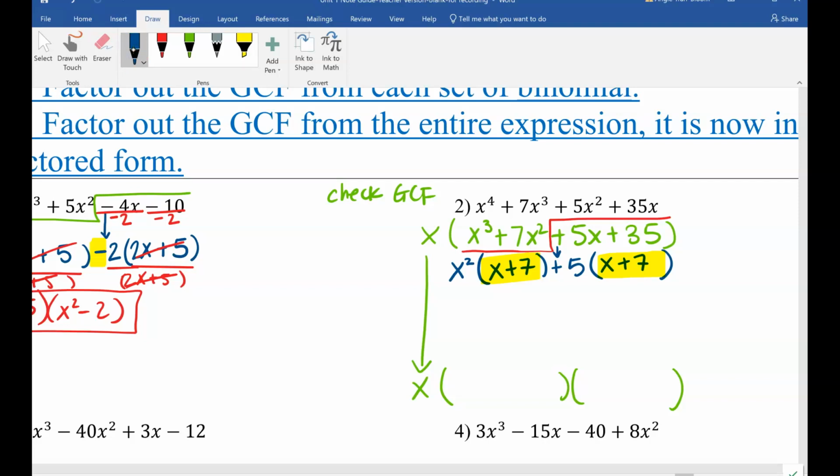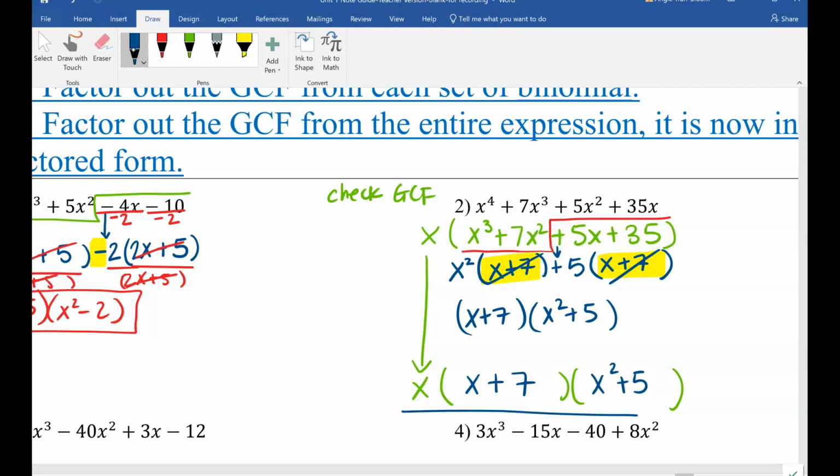So we will take out an x plus 7. That means that's already gone, so you are left with an x squared plus 5. That's going to get filled in down here with the GCF that we factored out from the very beginning, and we box that up.